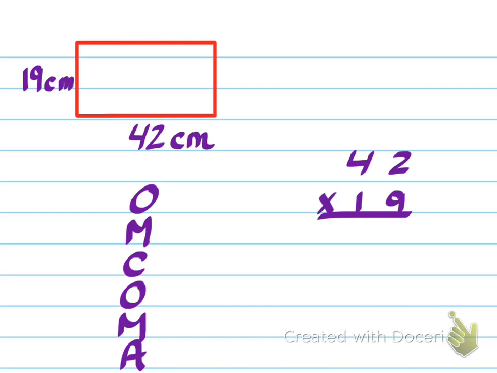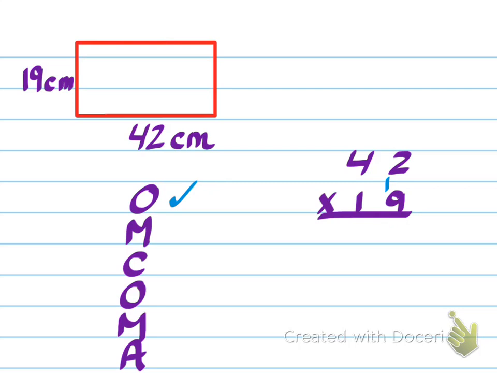Okay, so you should have paused me and are back to check your work to see what you did. So I set up the problem 42 times 19, and you can multiply this using any of the multiplication strategies. I am using the OMC, OMA method. And the first thing I'm doing is looking in the ones column. And after I do that, I put a check mark beside the O. And the M stands for multiply.